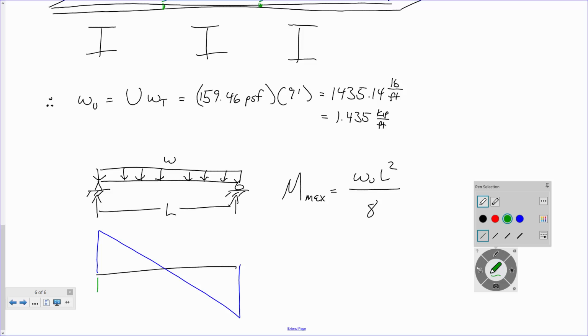That distance is L over 2. This height, that's the reaction, right? What's that reaction for this beam? Is it WL over 2, like half the load over here, half the load over there? What's the area of this triangle? It's 1/2 base times height. 1/2 times L/2 times WL/2, which is WL squared over 8.